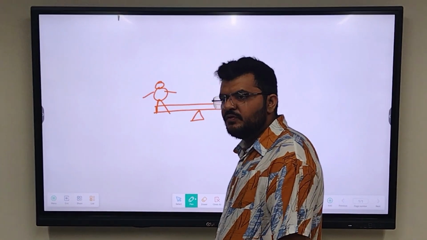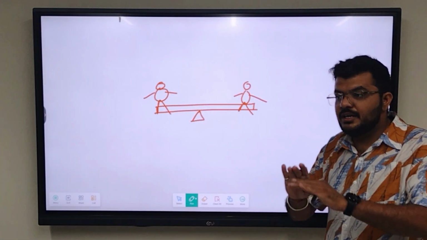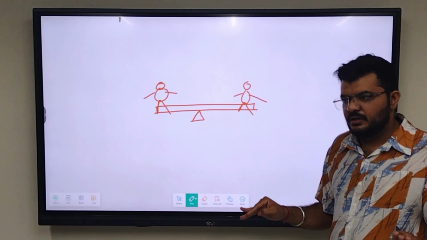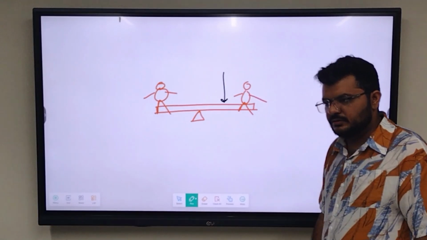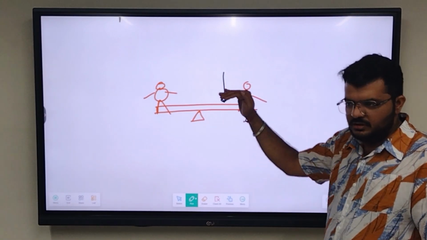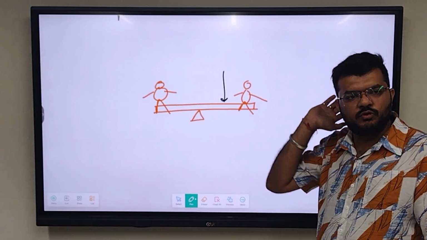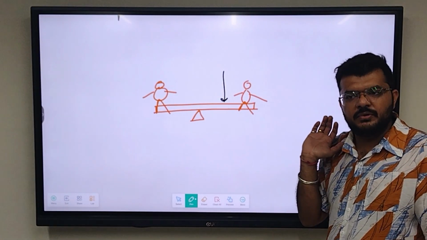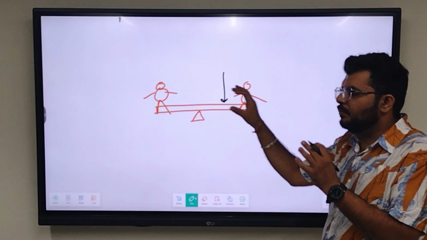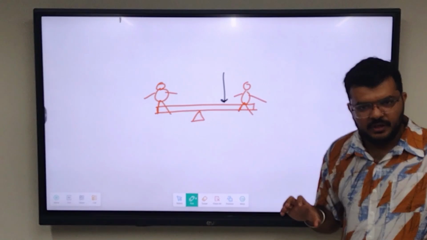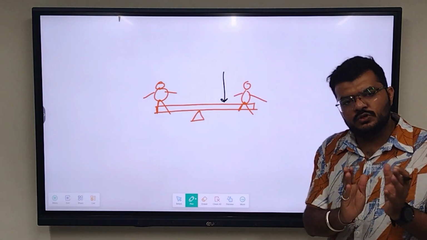Now, if something disturbs this seesaw, ये already एक बार balance हो चुका है ना? If I go and press it on this side, ideally what will happen? This side will go down. है ना? But as soon as I remove my hand, what will happen? It will again go up. Yes. So, if I compare this seesaw with equilibrium, can I say that the equilibrium will oppose your change?